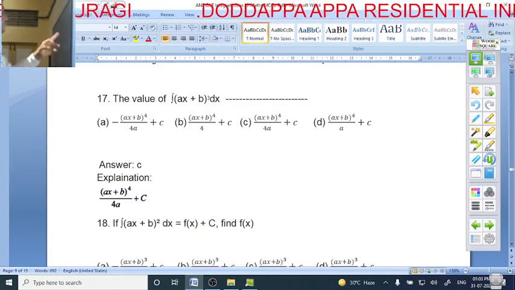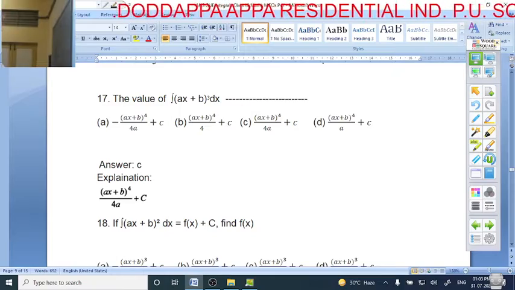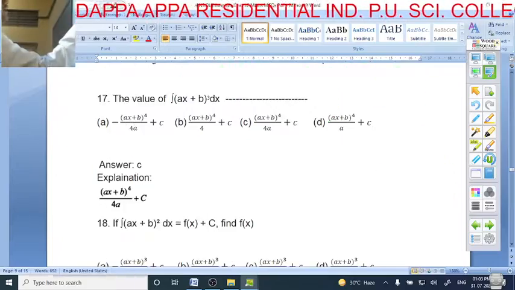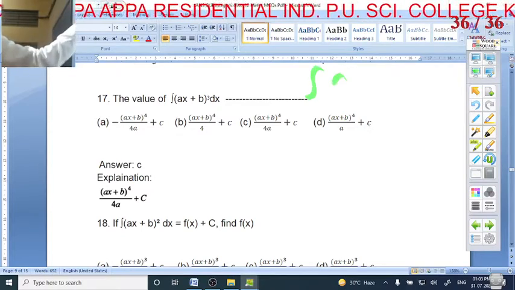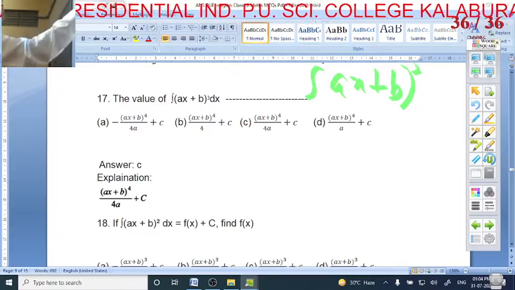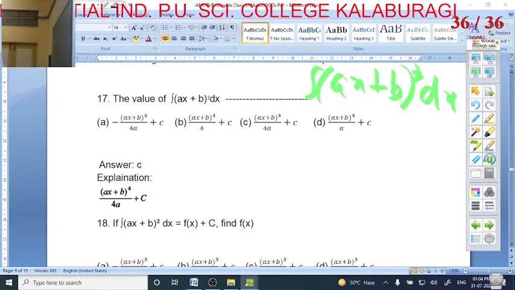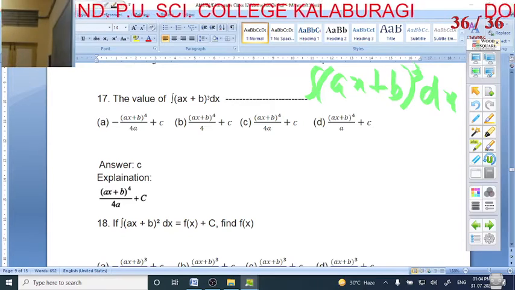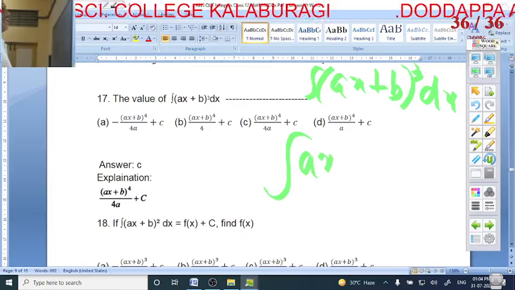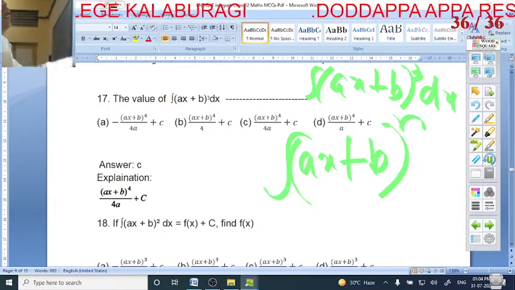Now integration of ax plus b whole to the power 3 dx. You remember the formula for integration of ax plus b whole to the power n.